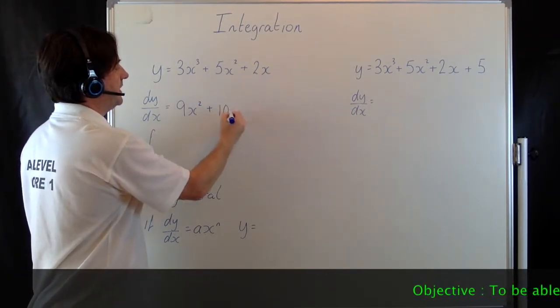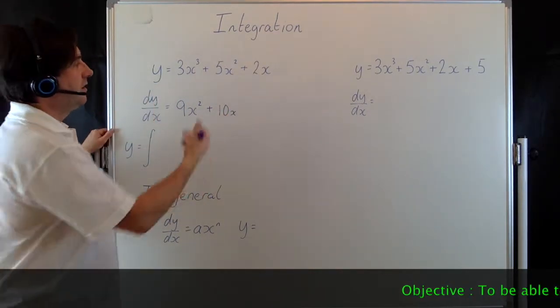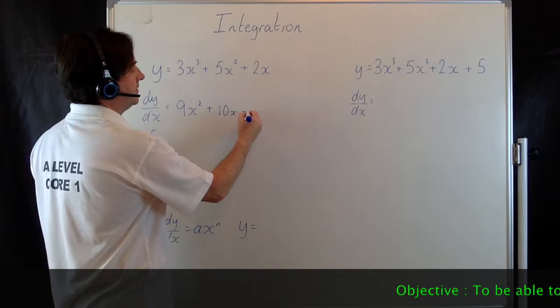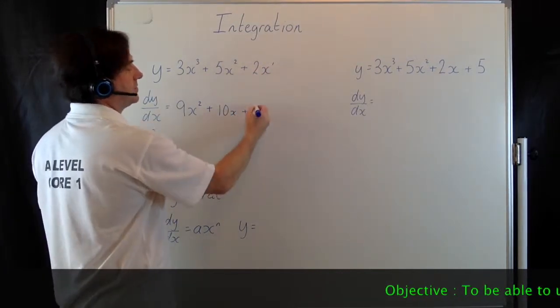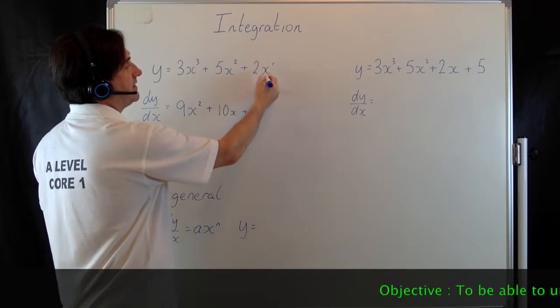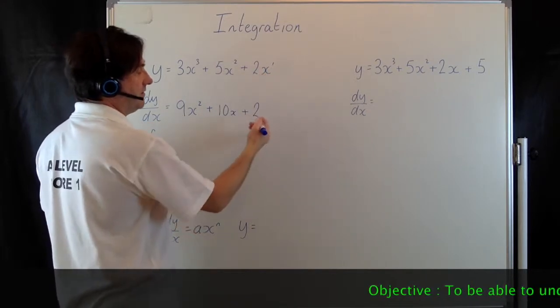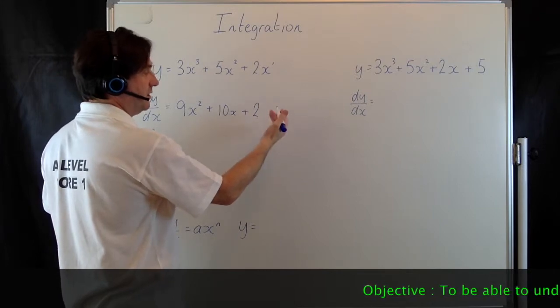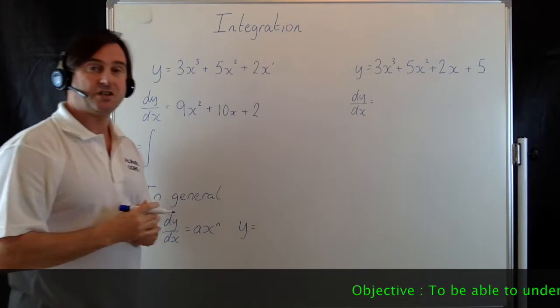That's going to give me 10x to the 1, but we don't have to write the 1. On the third term, if you imagine, this really is x to the 1. So 1 times 2 gives us the 2, but then if I reduce the power, I get x to the 0, and x to the 0 is just 1, and 2 times 1 just gives me 2. So that is my differentiated function.